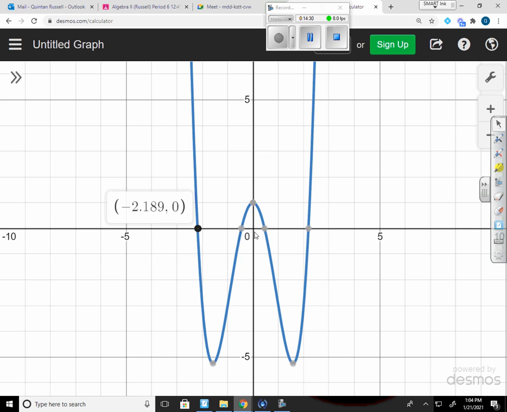Tells us that there's one there, there, there, and there. So if you would just provide your graph for this, that would be perfectly acceptable as an answer. And you could even write on there, it forms a W.